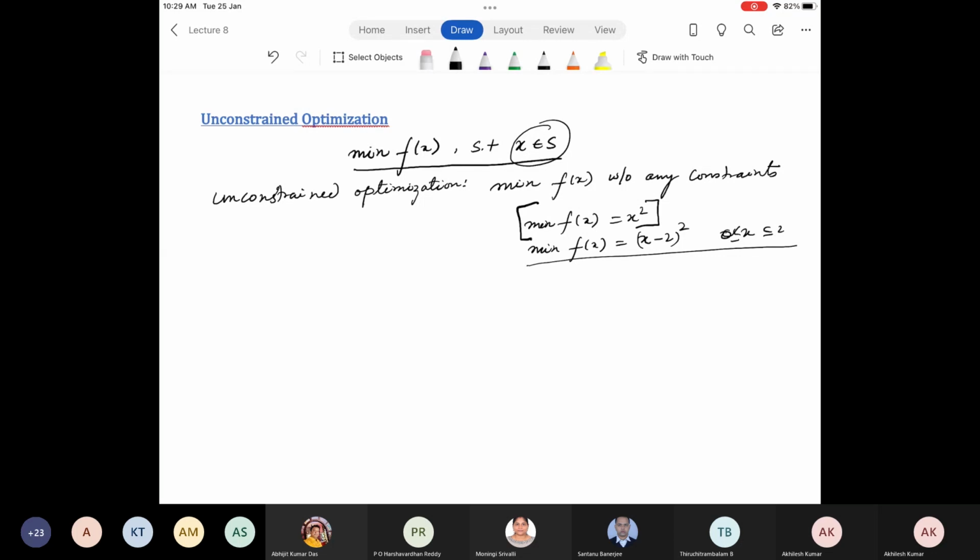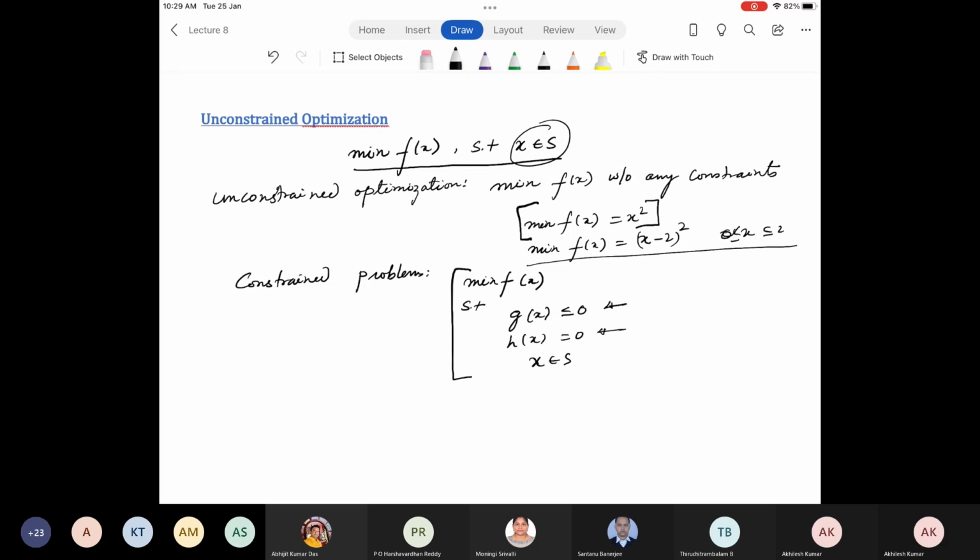So what we want to see is, first we want to understand unconstrained optimization, how it works, and its logical extension is constrained optimization, when we have minimize f(x). A more generic representation of a constrained problem is such that g(x) <= 0, h(x) = 0, and x belongs to S. So we have an inequality constraint, we have an equality constraint.